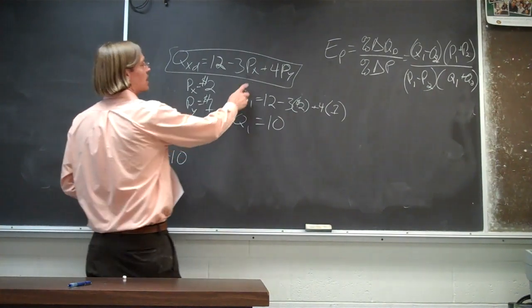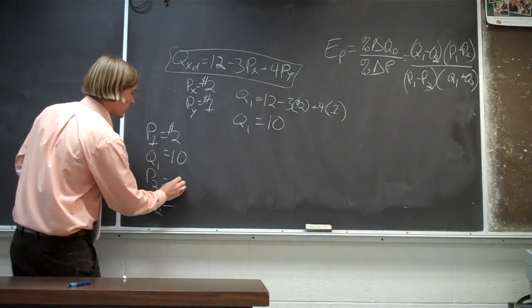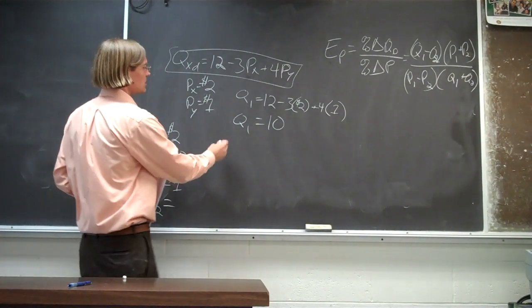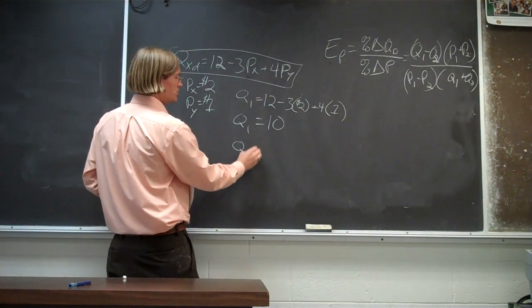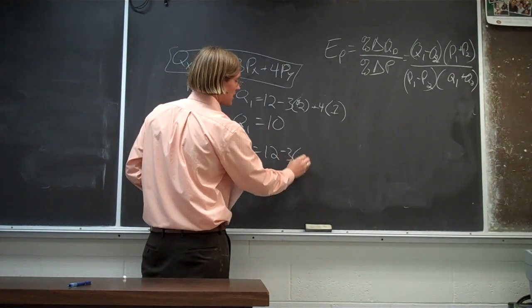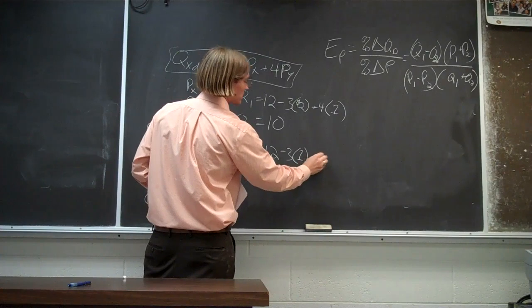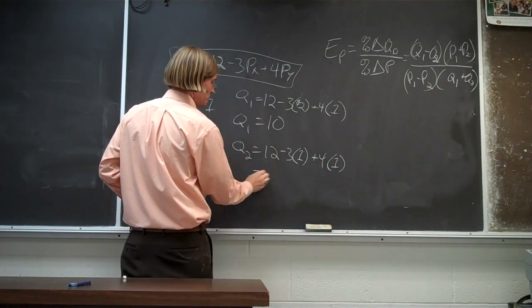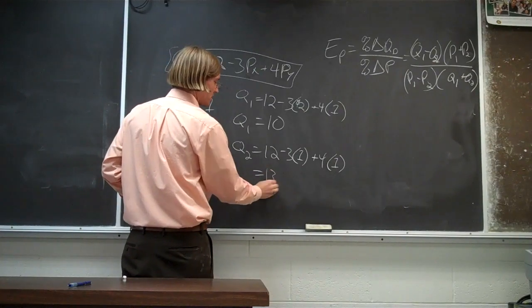But let's go through and solve it one time. If you happen to choose a price of $1, trying to find the easy way out, then Q2 is equal to 12 minus 3 times 1 plus 4 times $1. So now Q2 is equal to 13.